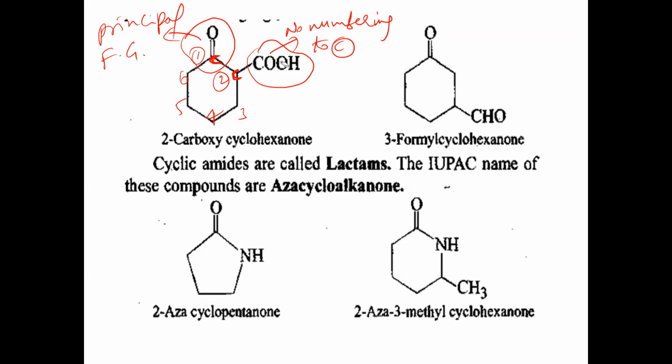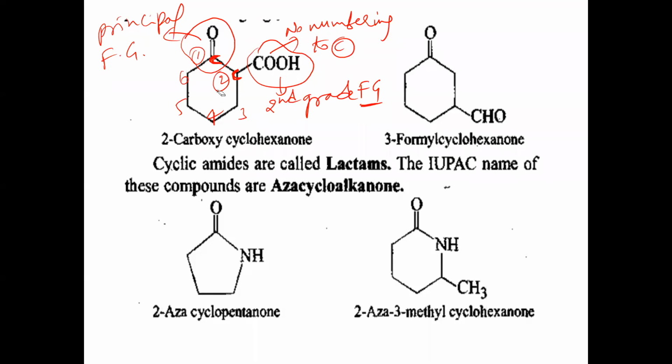Now COOH is not principal in this case, and we cannot say that COOH is a lower priority group than CO. Actually, between these two groups, the more senior group is COOH only. But here COOH is not forming the ring, that's why COOH is taken as a substituent. It will be taken as a second grade functional group. That's why we have to use the name carboxy.